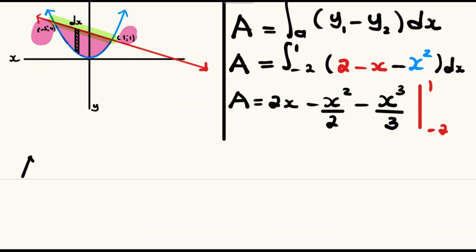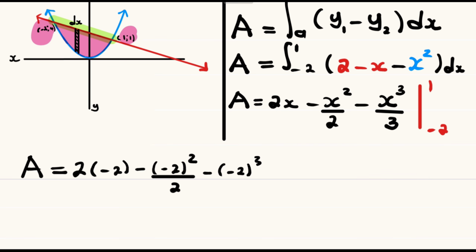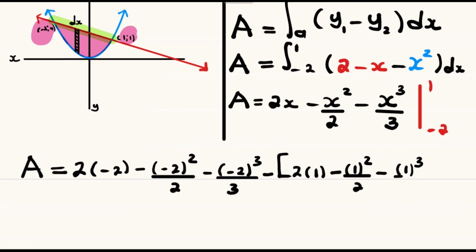So our area will be equal, we substitute first the negative 2, so we have 2 into negative 2 minus negative 2 squared divided by 2 minus negative 2 cubed divided by 3. Now we substitute the 1, so we'll have 2 into 1 minus 1 squared divided by 2 minus 1 cubed divided by 3.